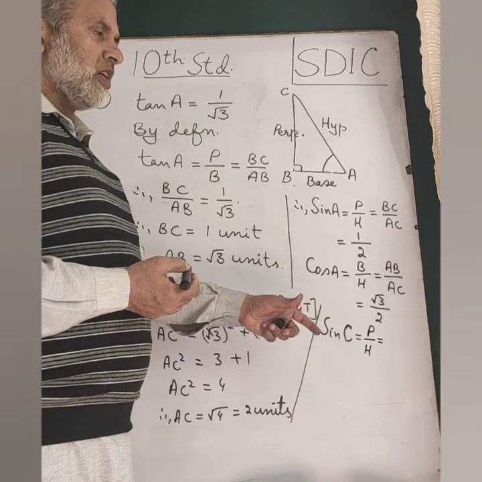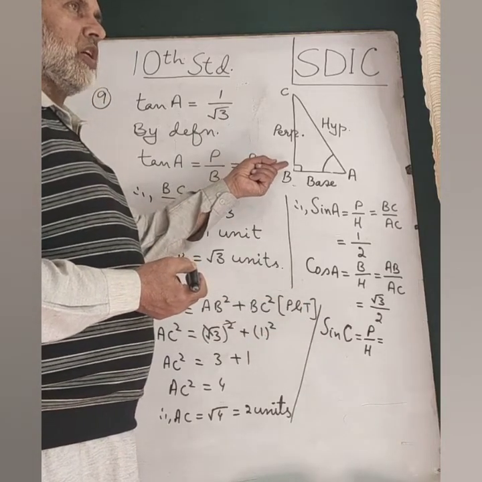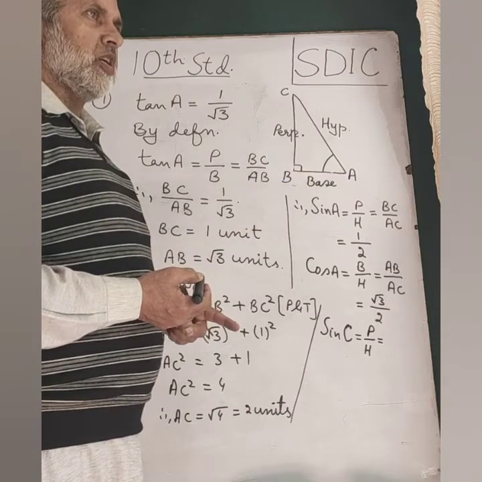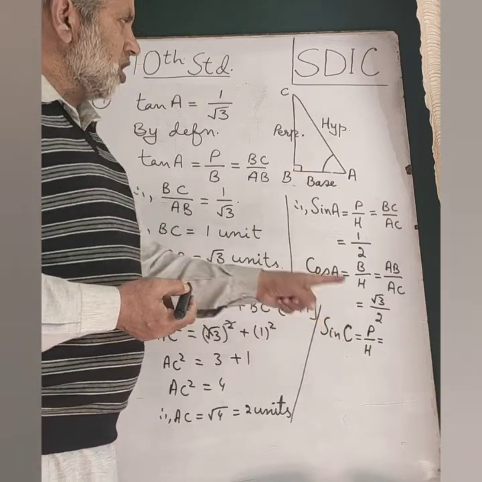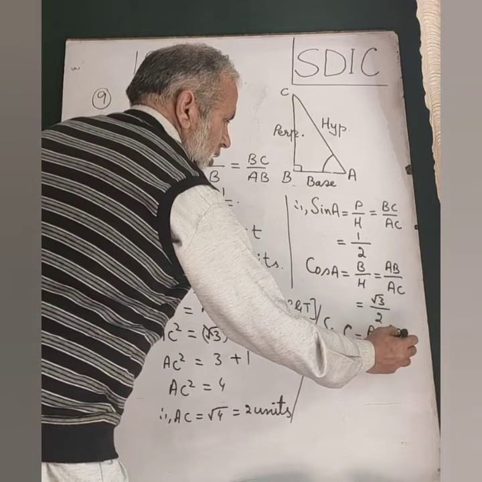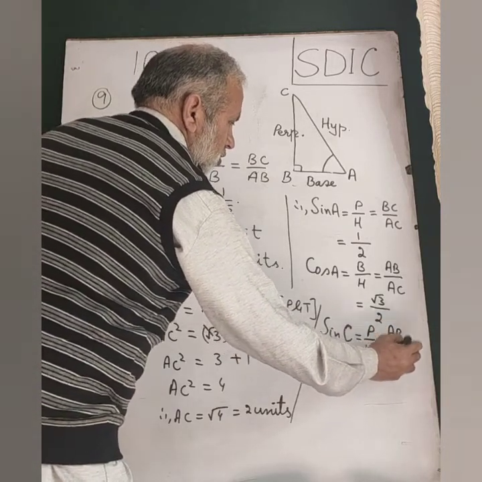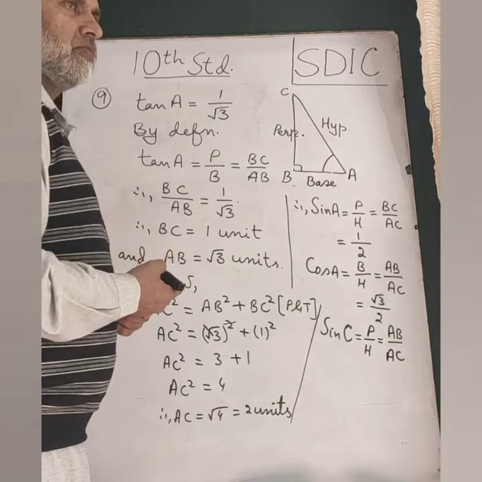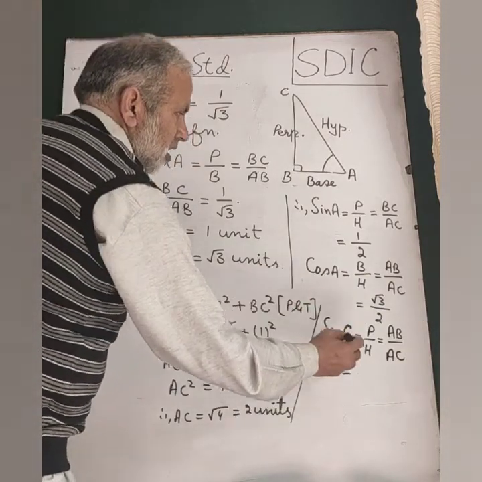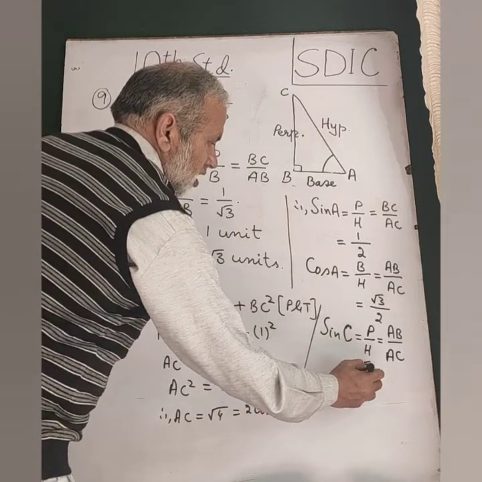What was perpendicular earlier will now become base, and what was base earlier will now become perpendicular. Therefore, with respect to acute angle C, AB will be the perpendicular divided by AC, hypotenuse will not change. We use their values. AB is under root 3 divided by AC is 2.